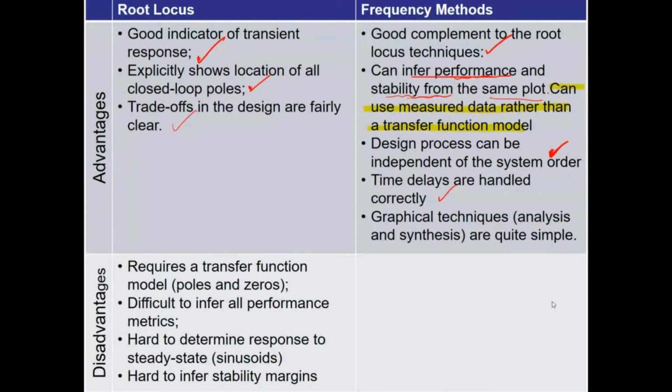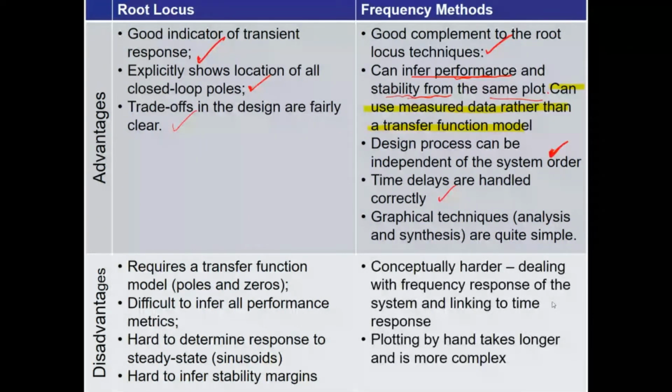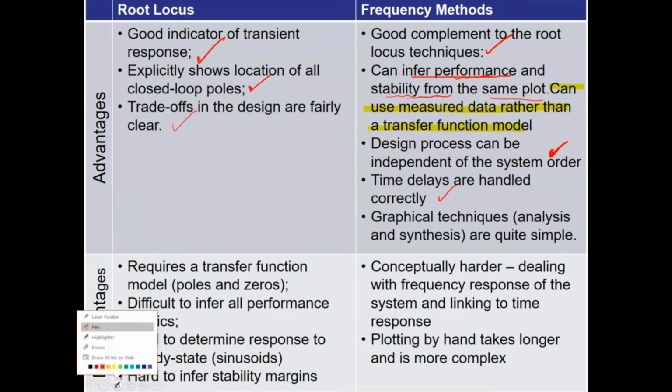And like I said, it's hard to infer these stability margins, which is what we're very interested in with the frequency response. Frequency response disadvantages: it can be a little harder conceptually because you have to think in terms of the frequency and the oscillation of the system, and how do you link that back to step response, time response, for instance. And a kind of biggish disadvantage, especially when you're doing it by hand, is this.